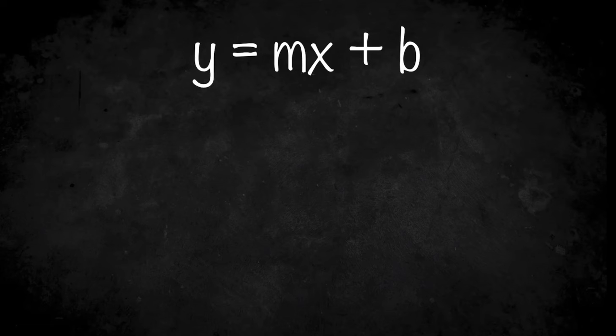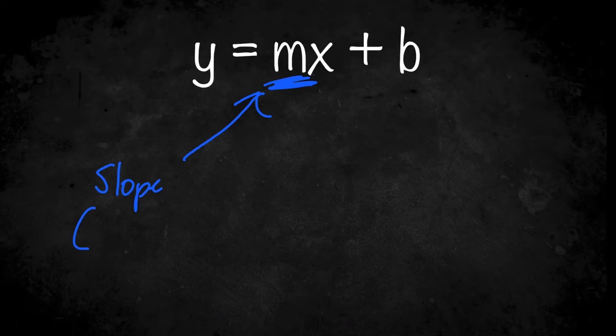So we have y equals mx plus b. We know m is the slope, the rise over the run, the increase or decrease of the line, it doesn't matter, and it is the coefficient of x.